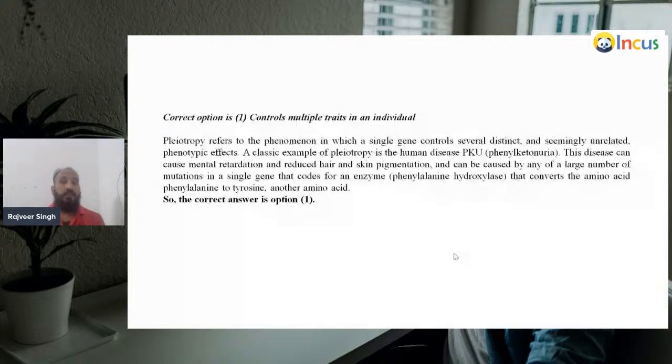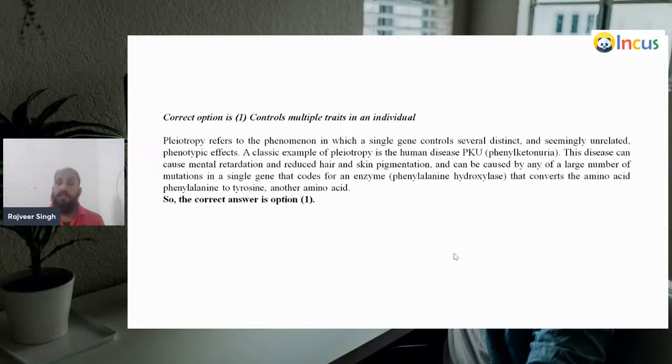Pleiotropy refers to the phenomenon in which a single gene controls several distinct and seemingly unrelated phenotypic effects. A classic example of pleiotropy is the human disease PKU.